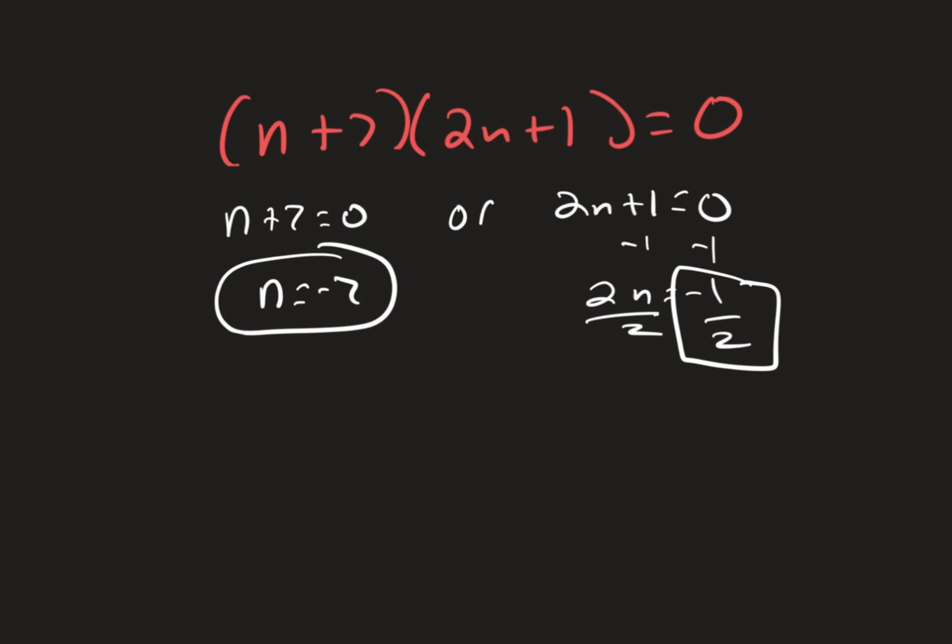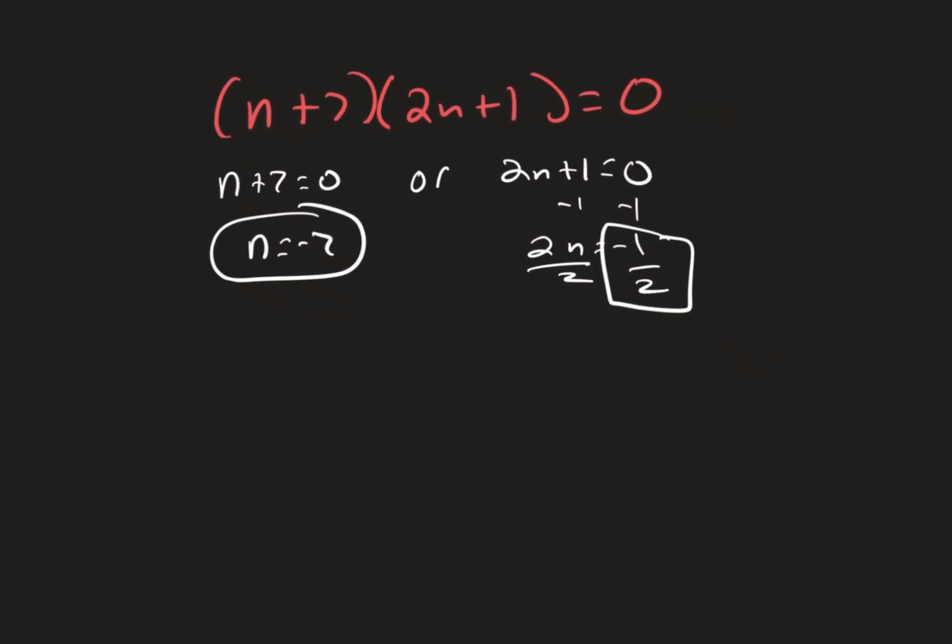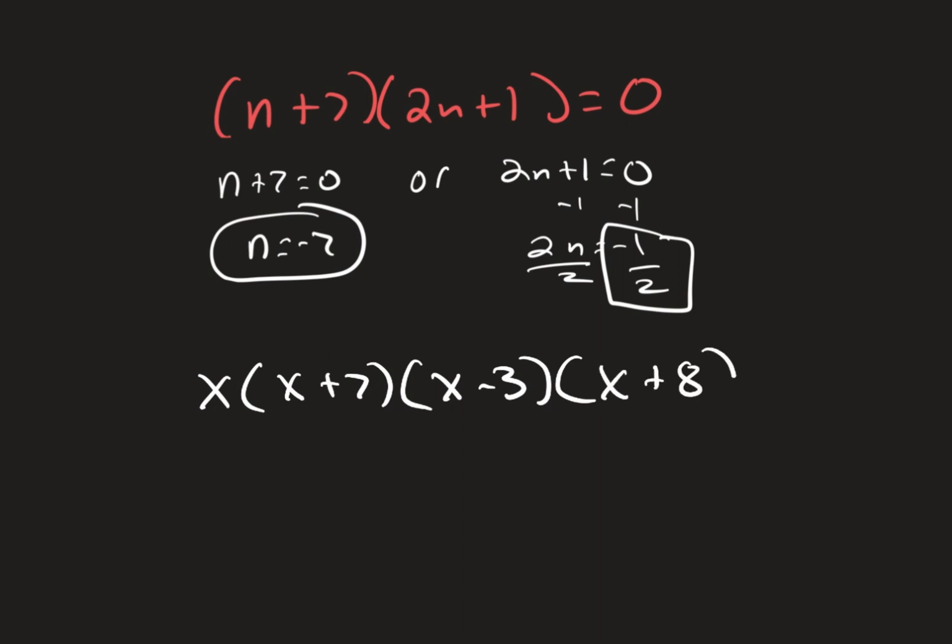Now, here's the thing about the zero product property. It doesn't matter if I do 2 things or I do 4 things. We just had if A times B equals 0.